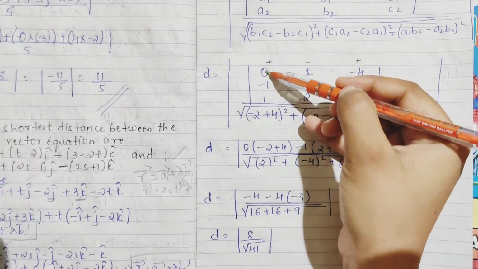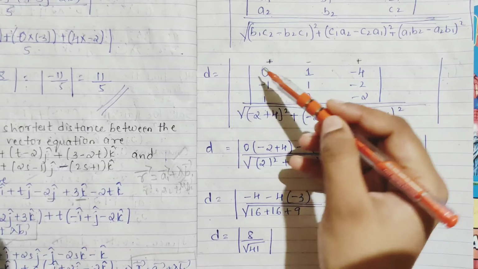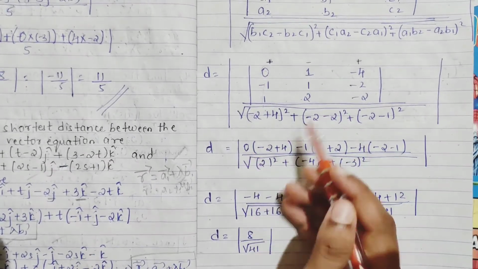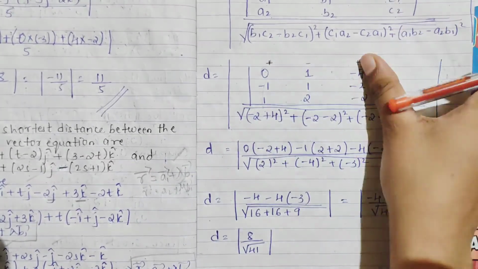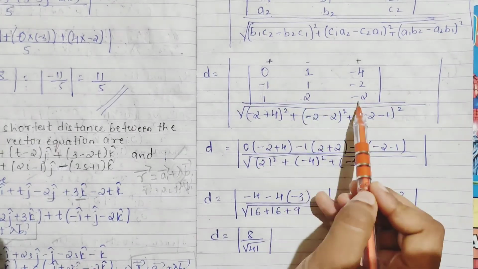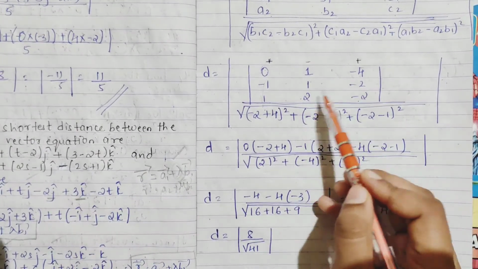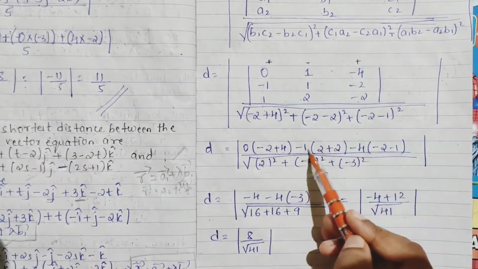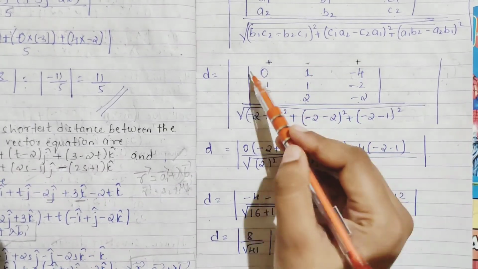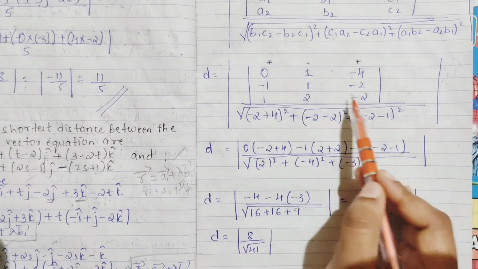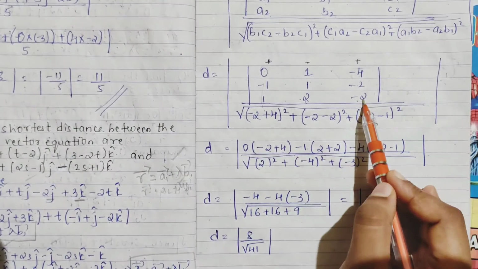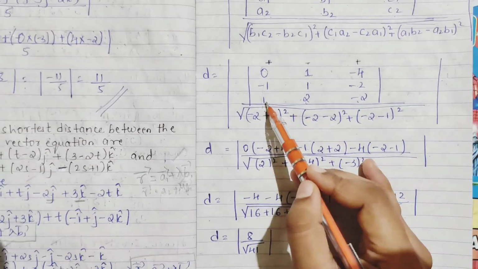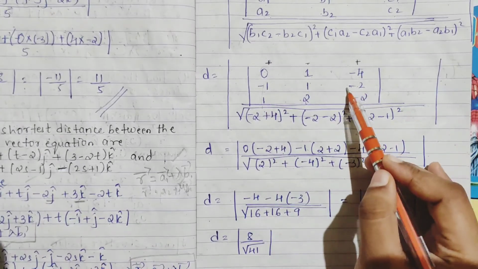First term: closing the first row and first column, you will have 2 1s are 2, minus 2, minus 2 2s are 4, but here already minus, so plus 4, here it is minus, so it becomes minus 1. Same for the second column, first row: solve the determinant, minus 2 minus 1 minus 2, so it becomes plus 2, minus of 2 1s are 2, but here again minus sign is there, so plus 2.